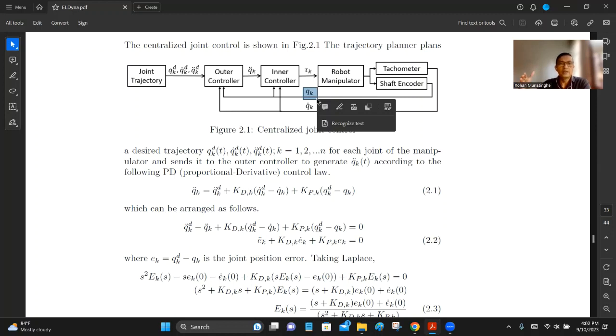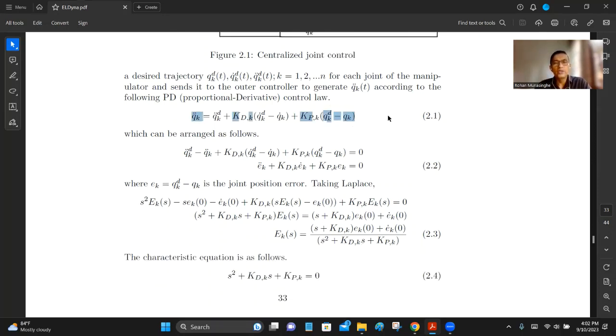So K is the joint, right? 1, 2, 3, 4, like that. So if we can get these two profiles on top of each other, coincident for the entire duration, we have a perfect tracking performance. How can we assure that? Let's find it out. So you have the equation here again, right?